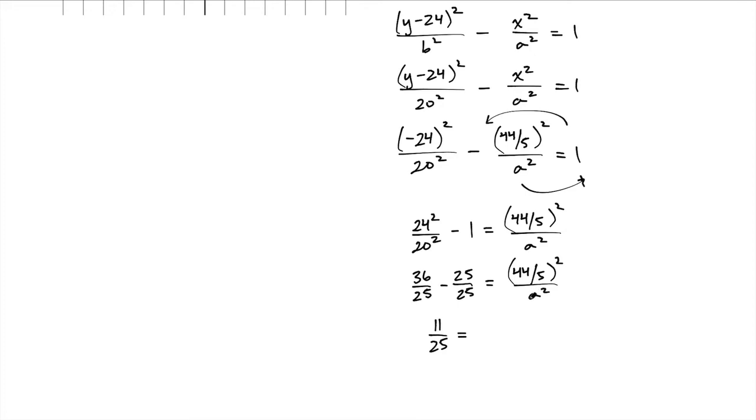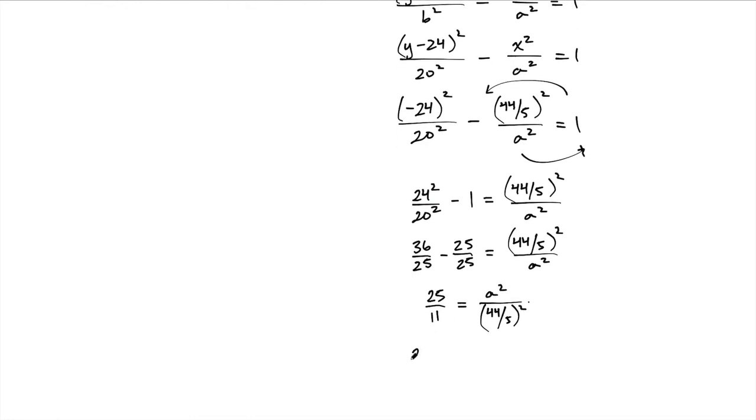Now I'm trying to solve for a, so I'm actually going to take the reciprocal of both sides, and that's going to give me 25 over 11 equals a squared over 44 over 5 squared. Then we can multiply both sides by that, and so we get 25 over 11 times 44 squared over 5 squared equals a squared.